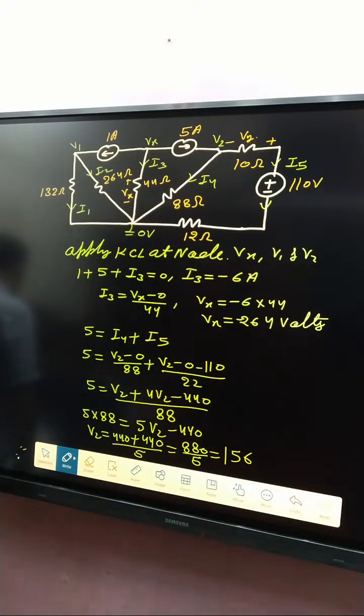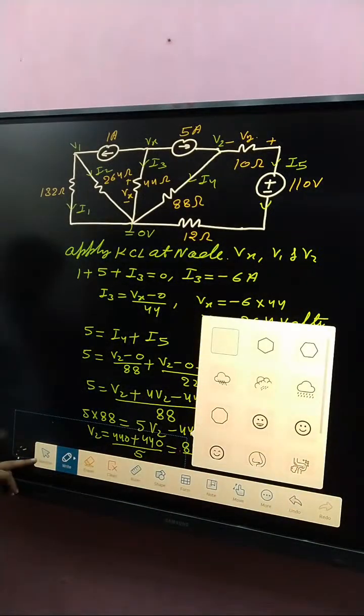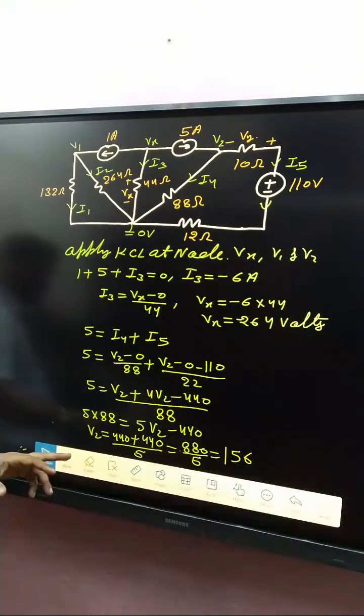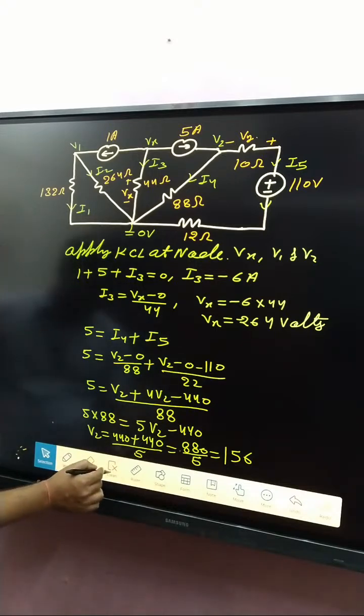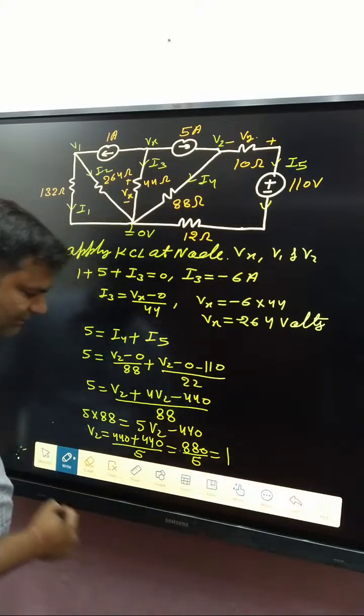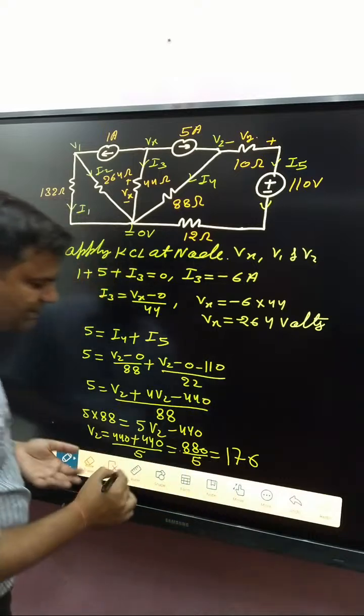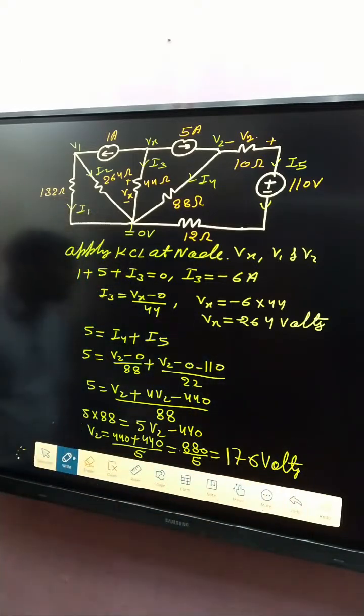I first got 156 volt, but that was a silly mistake. Rechecking, V2 is 176 volt. Sometimes a silly mistake makes your answer wrong, so recheck again. V2 is 176.